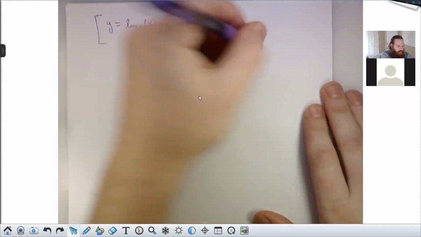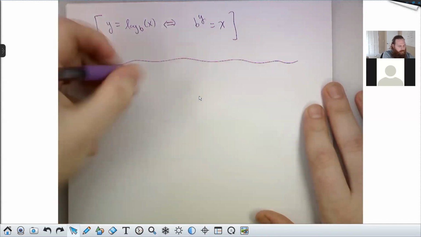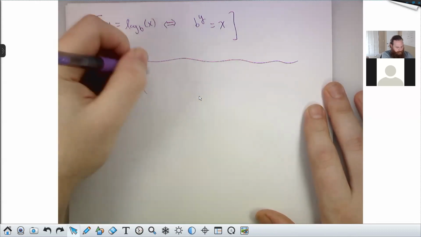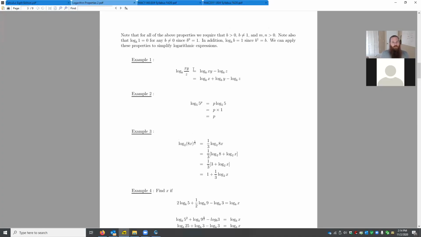One of the things that this worksheet has, which frustrates me, and WebAssign has this too, is an absence of parentheses. So that first statement, the base b logarithm of xy over z, I would never write this without putting the argument, the inside of the log, in some parentheses.